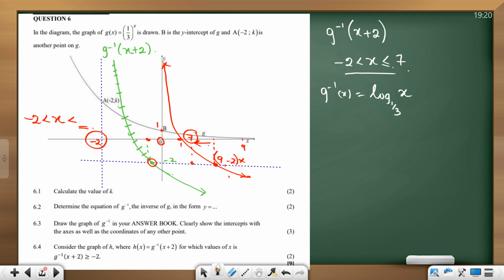Watch this, everybody. Now, if I say g prime of x plus 2, what are we going to have? Log base 1 over 3. This one becomes what? Okay. This should be less than what? Negative 2. The idea is that this thing would come here.